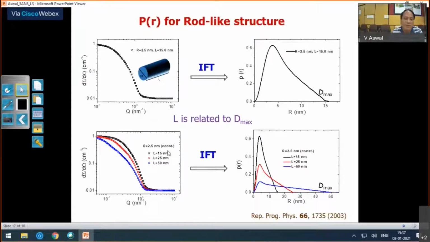And then when you have the radius fixed and different lengths of rod-like particles, in the scattering pattern you get these linear regions determined by the reciprocal of the radius and the length. And then again, you can differentiate different sizes of the rod-like particles by their P of R.